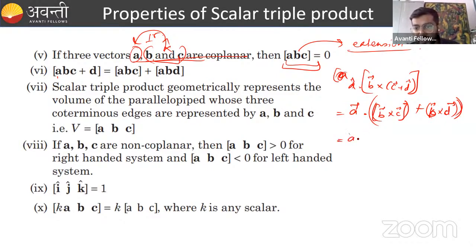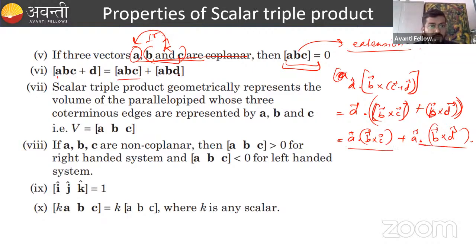Now you can write this as A bar dot B bar cross C bar plus A bar dot B bar cross D bar, since the dot product is distributive over addition. So hence this is [A B C] in box, and this is [A B D] in box.